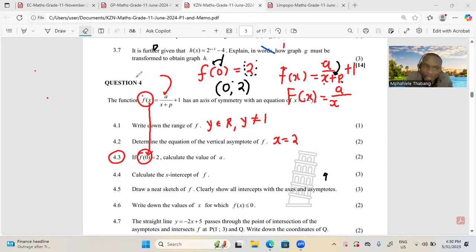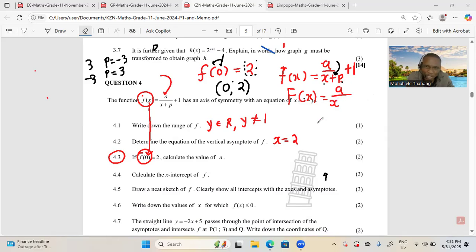If the x asymptote is 3, it means p is negative 3. If the x asymptote is negative 3, it means p is 3. So what is going to be p here? p is negative 2. The value of p is negative 2.